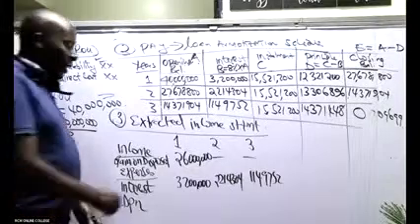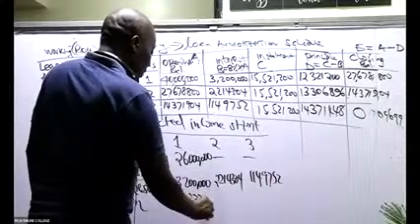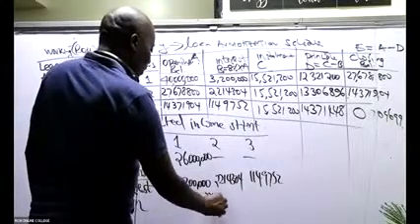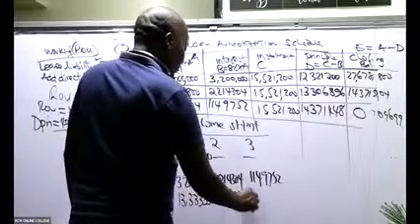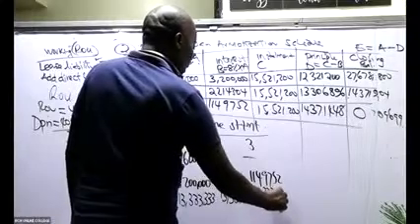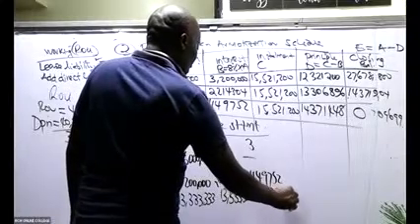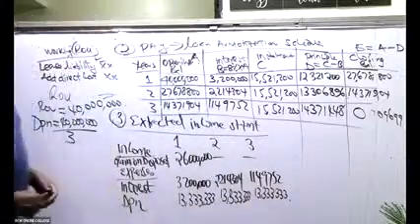So we have 13,333,333 each year, and now you are through with your extracted income statement.